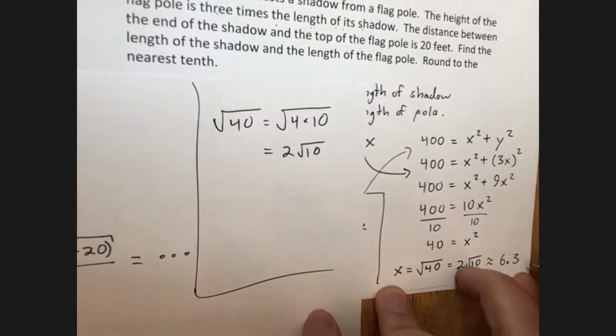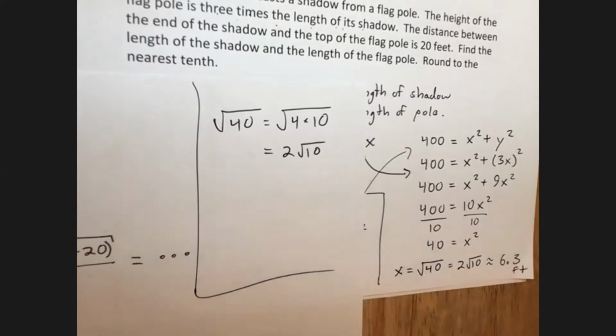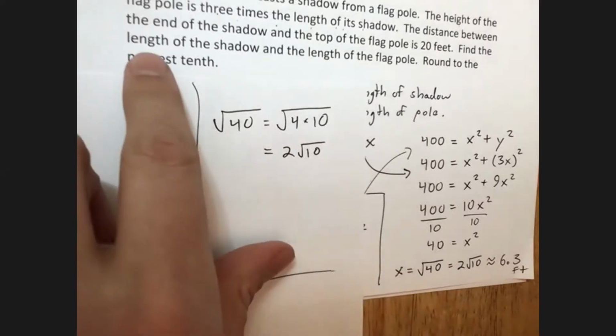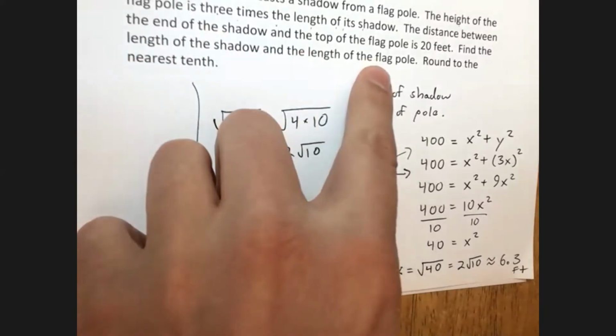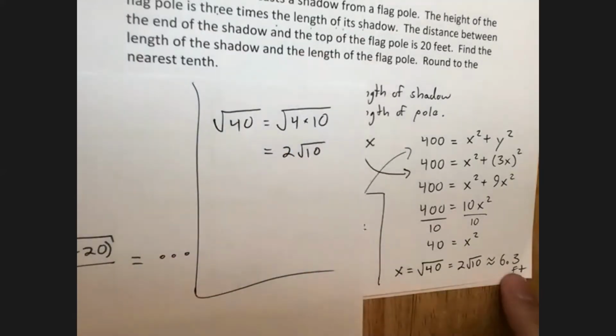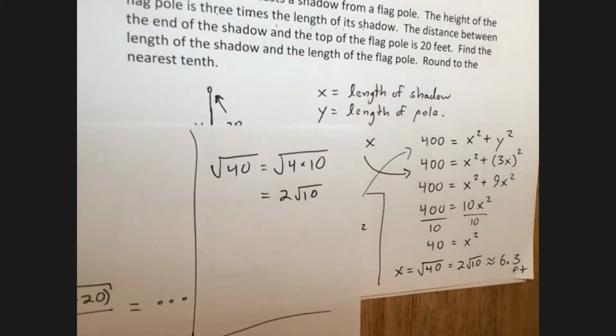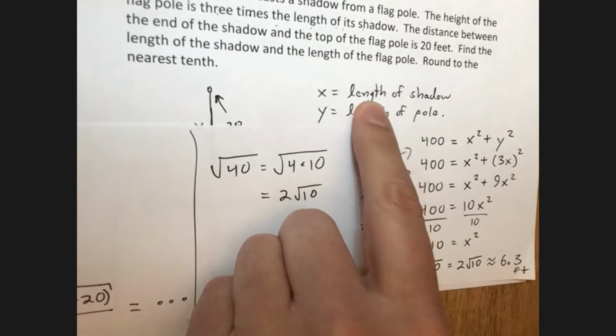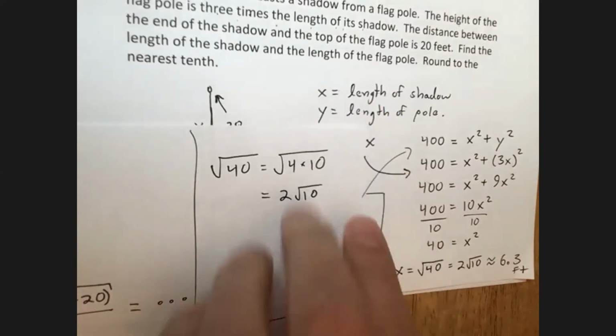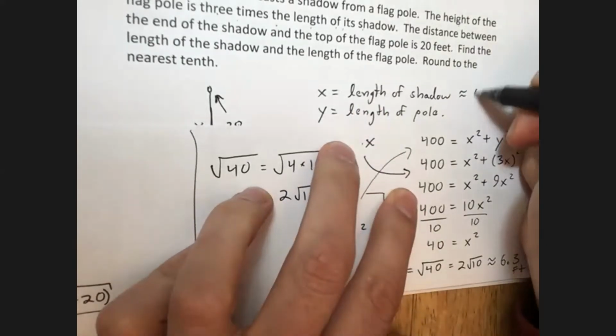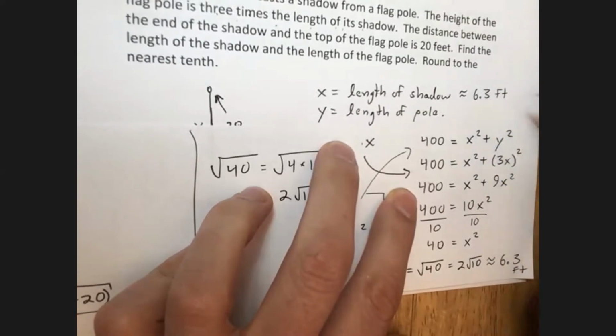I don't really have room to write that, feet. All right. That's the length of what? They wanted two things here. They wanted the length of the shadow and the length of the flagpole. So what does x represent? X is the length of the shadow, right? So we got the length of the shadow, 6.3 feet.